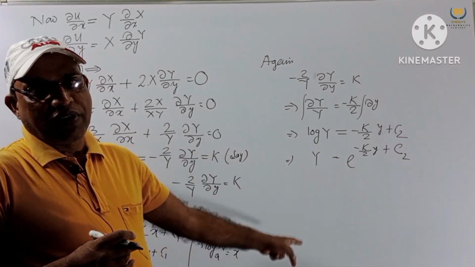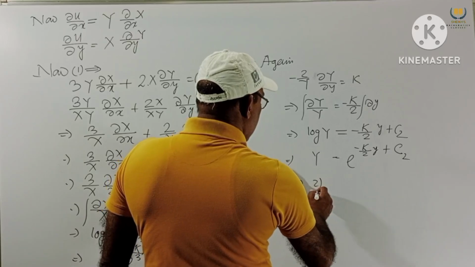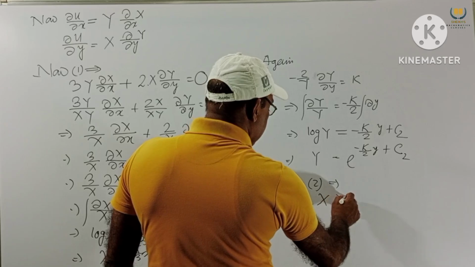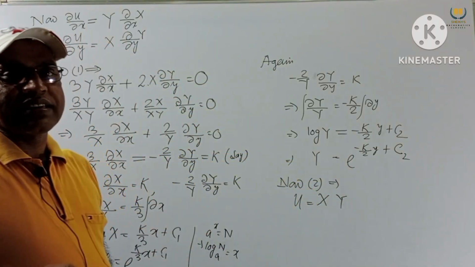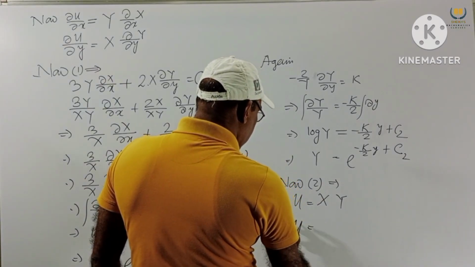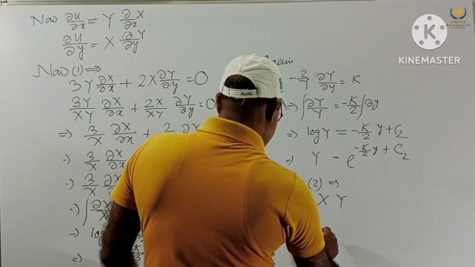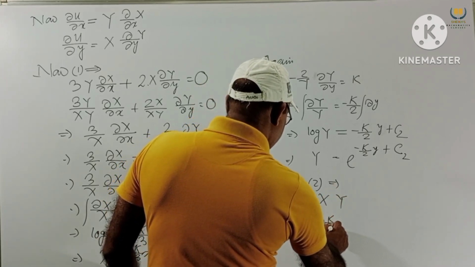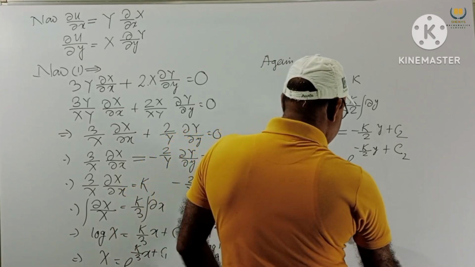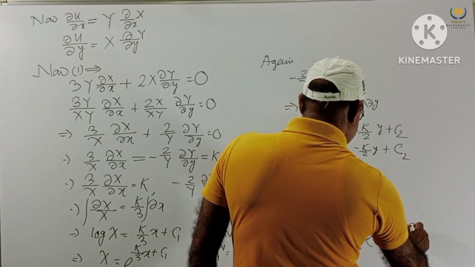Putting the values of x and y in equation number 2. Now 2 implies u equals capital X comma capital Y. We write X Y, and putting the values of x and y: x means e to the power k by 3x plus c1, and y means e to the power minus k by 2y plus c2.